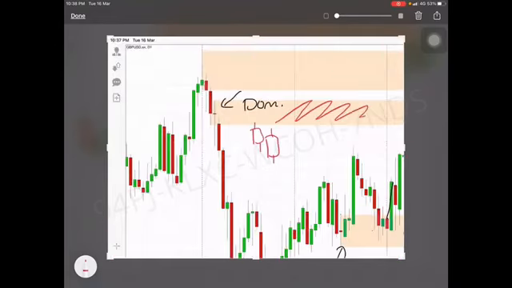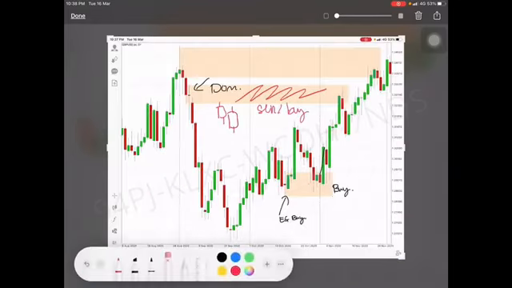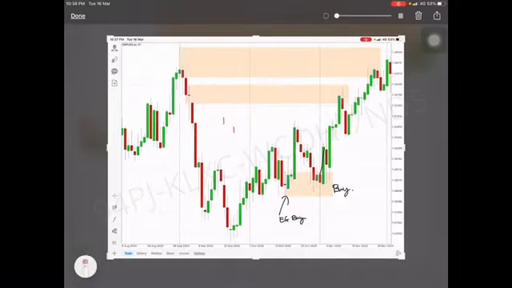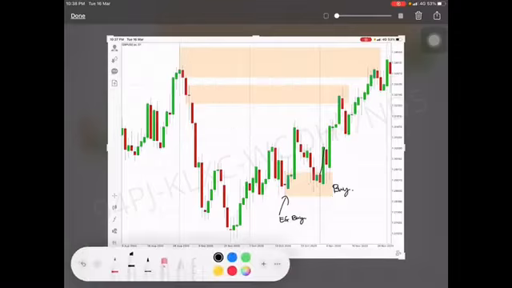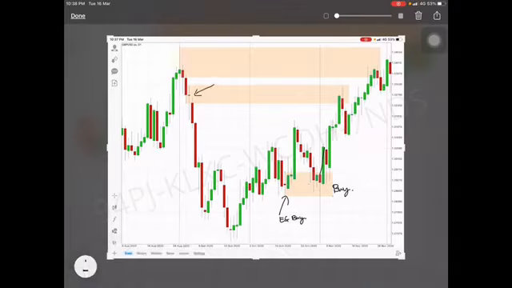This zone, is it for sell or for buy? Sell. For sell. So you know that the price is going to reverse. So that is where you will exit your buy position. DOM for sell. So this is your first TP.